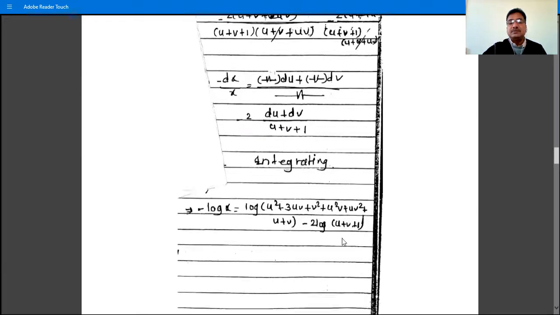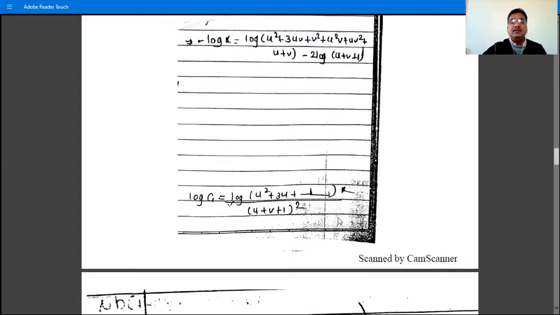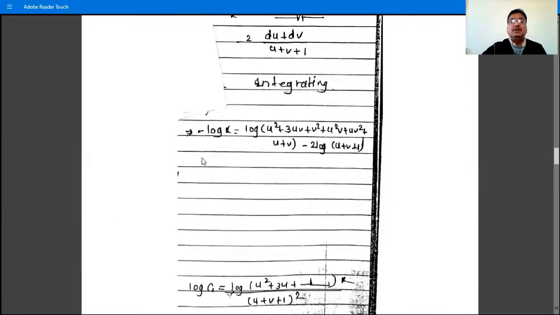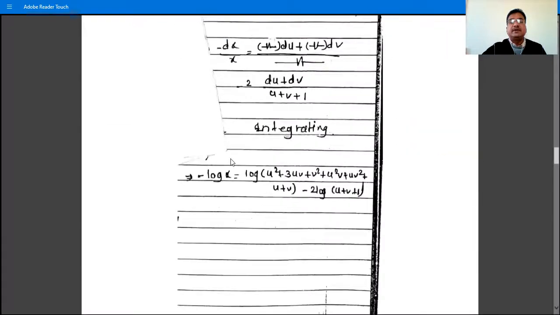So log of u plus v plus 1, and then after simplification, it is minus 2 log of this, which means minus log of u plus v plus 1 raised to minus 2, which means divided by the square of u plus v plus 1. By the rule log a minus log b equals log a by b, we have this, and adjust the constant of integration as log c1.